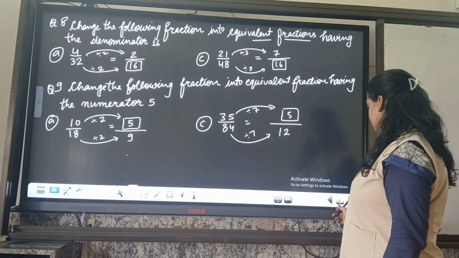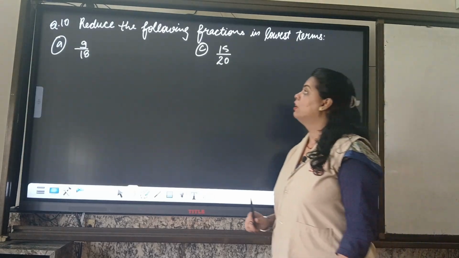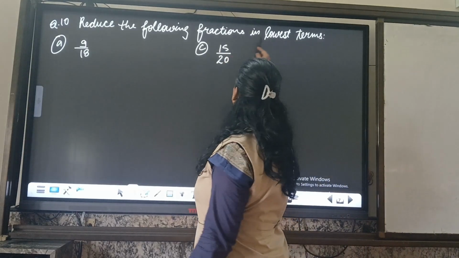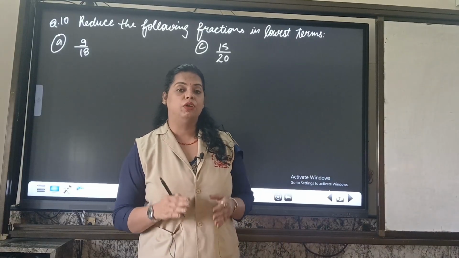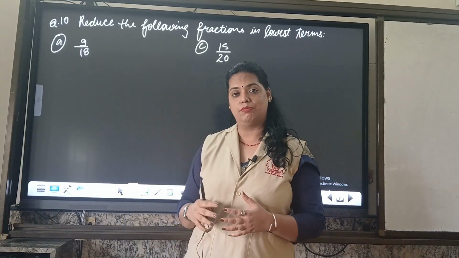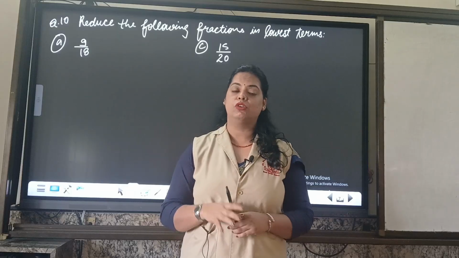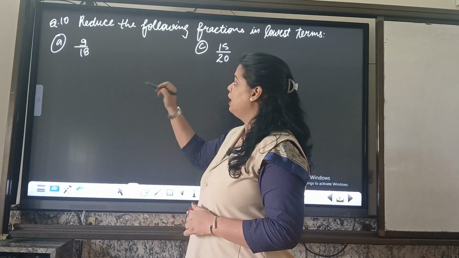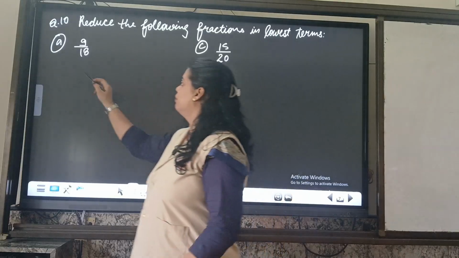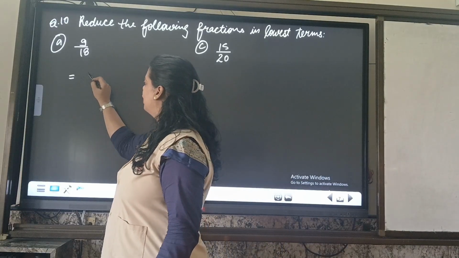Now for the next question, we have: reduce the following fraction to the lowest term. Lowest term, what does it mean? Lowest term means you have to reduce a number to the simplest form where the common HCF is 1. Means 9 by 18, if I want to convert into reduced term, which number will I take to divide?